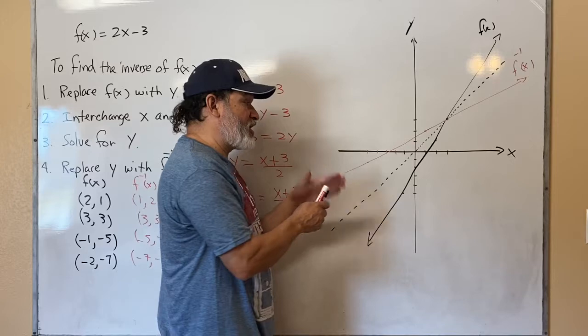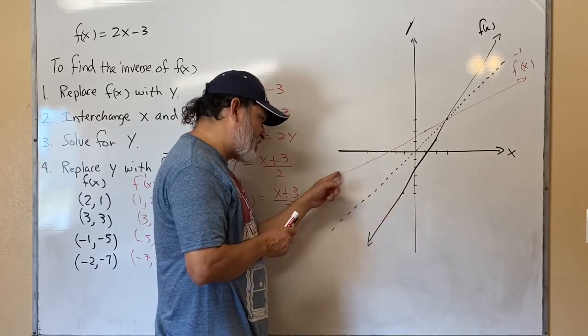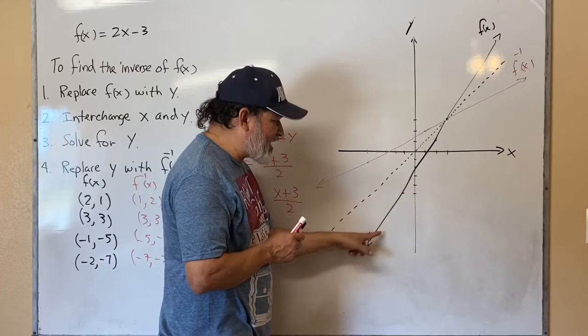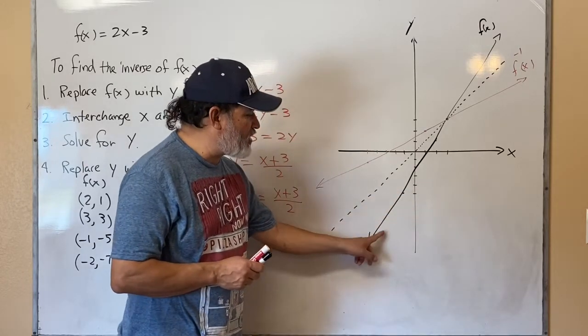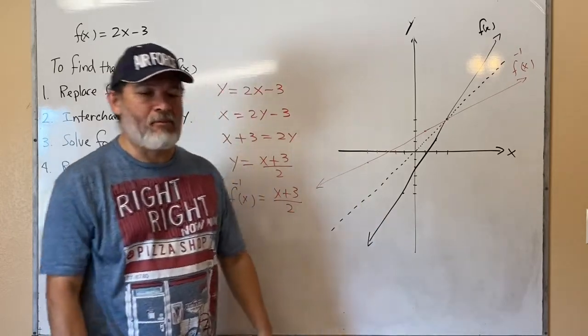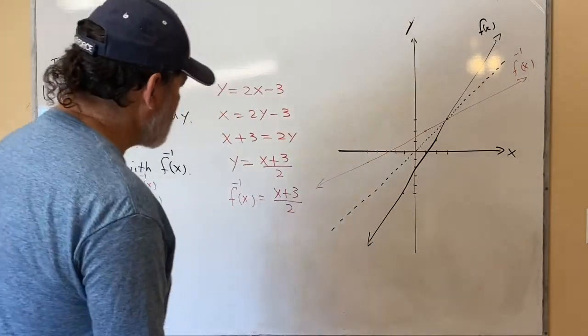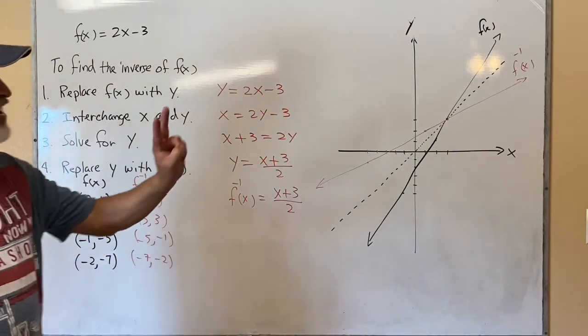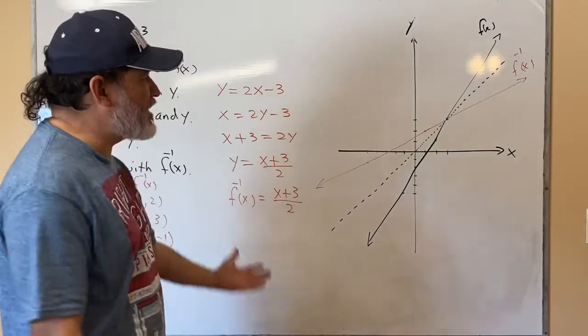If you're looking at the mirror this way, you see the reflection of this through the mirror, and it's going to be exactly this. That's why they call this the mirror image of that, and that is the mirror image of that. So that's how you graph its inverse. Just interchange the coordinates, basically.